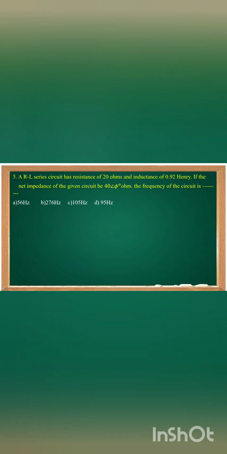Can you try this? An RL series circuit has a resistance of 20 ohms and an inductance of 0.92 Henry. It's not 0.92 Henry, please correct it, it's 0.02 Henry.